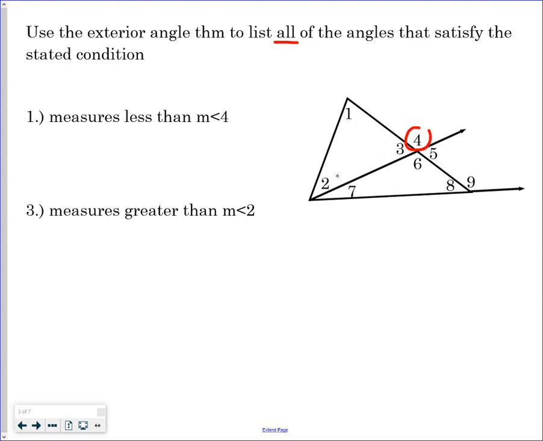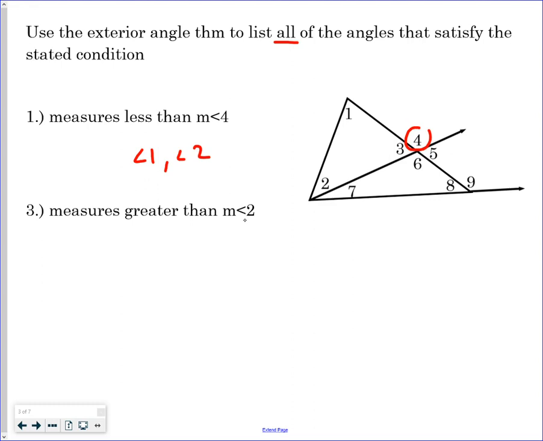So if 4 is bigger than 1 and 2, then 1 and 2 have to be less than 4. If you go back to the exterior angle theorem that we had just 2 slides ago, 4 is bigger than 1 and 2, so 1 and 2 have to be less than 4. Does that make sense? Okay.